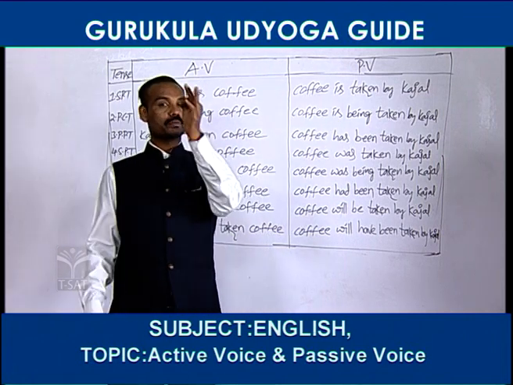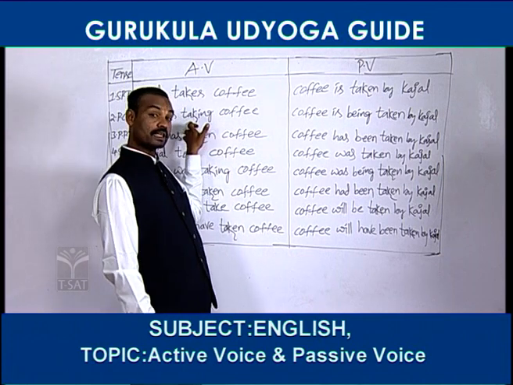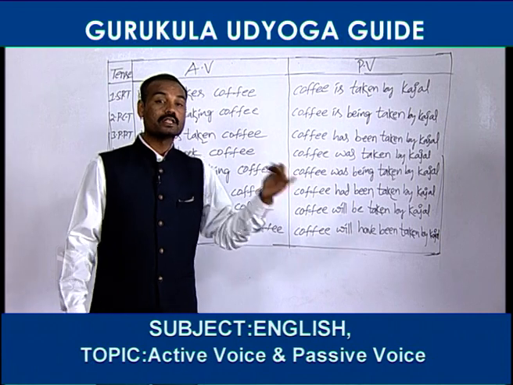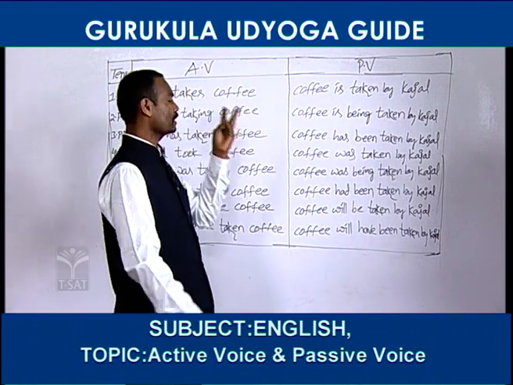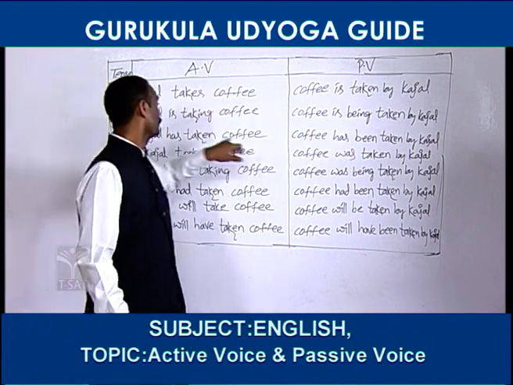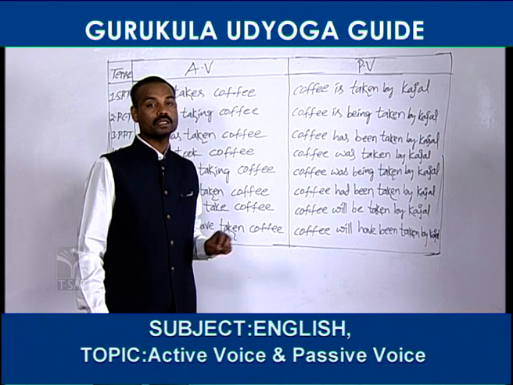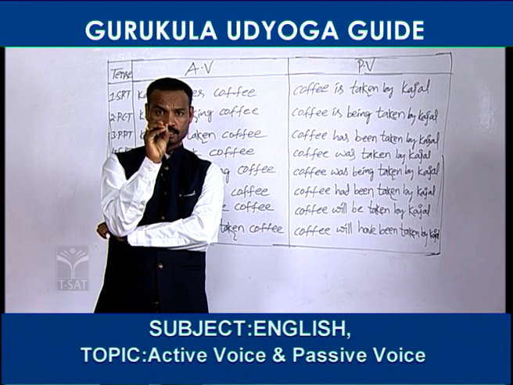Third point is the main verb. I told you the main verb is given in the active voice, but here the ing form is there. We should change this ing form into V3, because in passive voice the verb must be in the third form. So take, took, taken. Taken should be taken. Then what about this? Friends, when should we take being in the passive voice? Whenever the active voice contains the ing form.